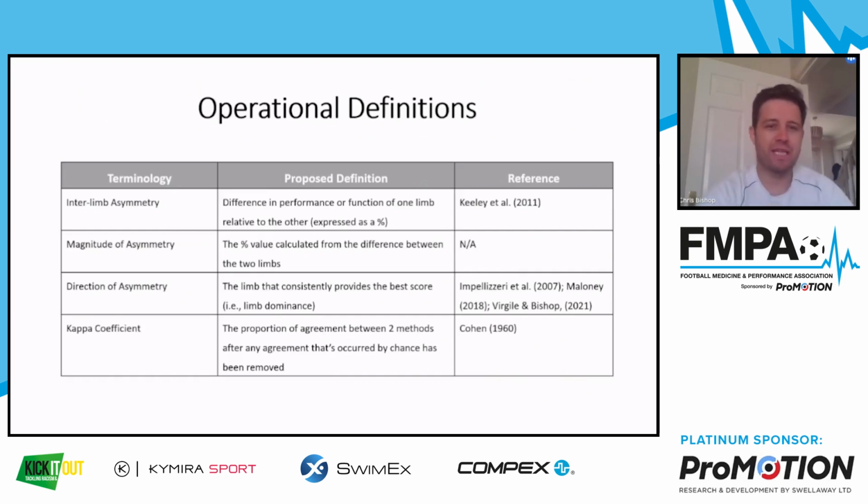But for the purpose of this presentation, we're just going to be talking about differences in right and left leg, or dominant and non-dominant, or injured versus non-injured. Okay, so a between limb difference.